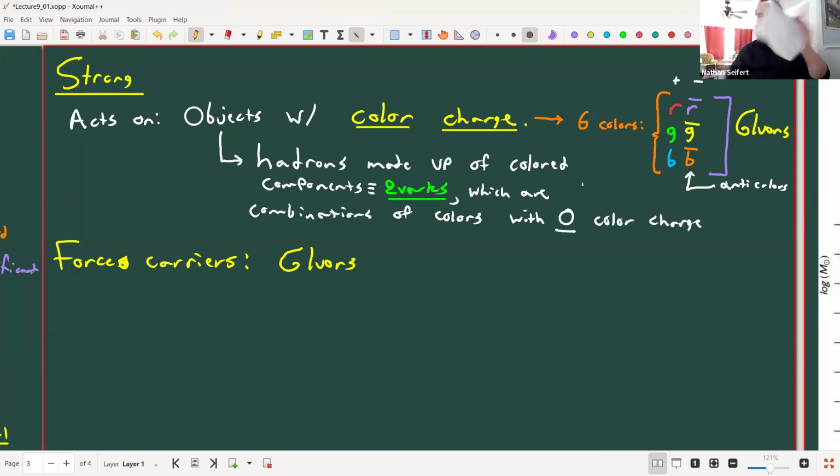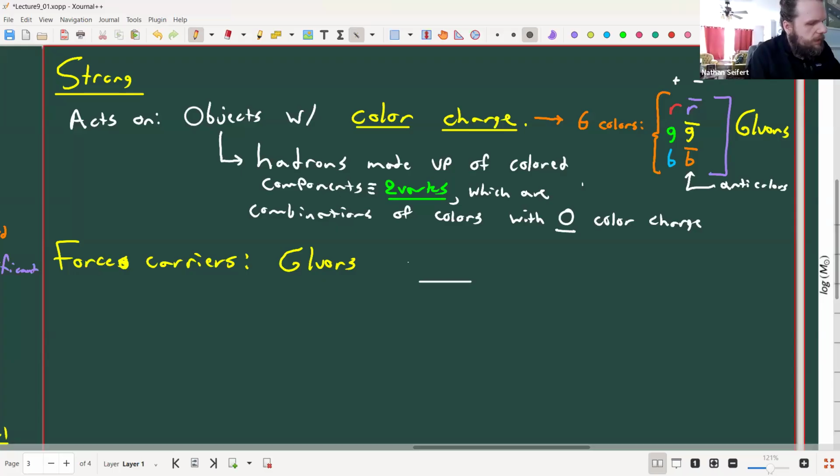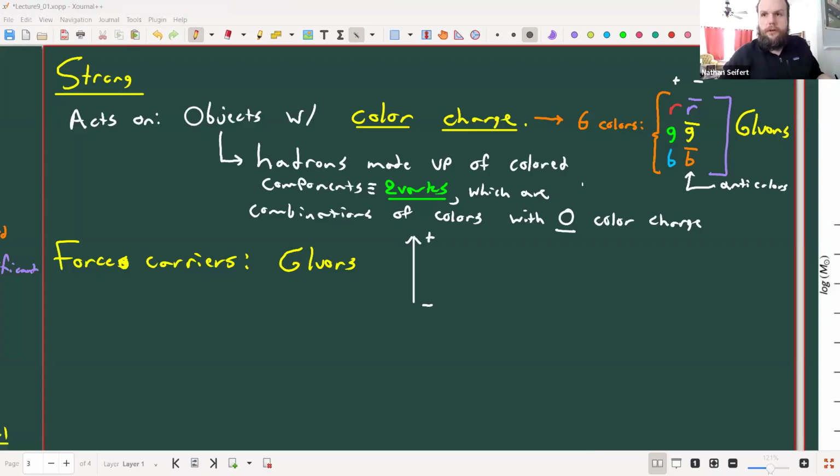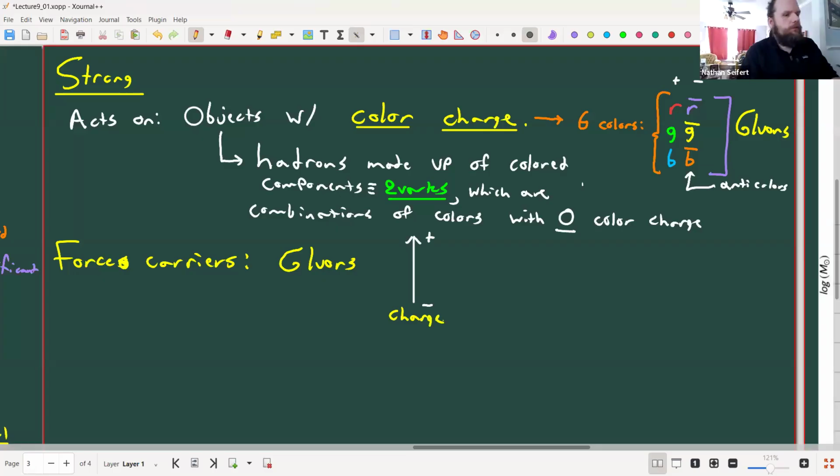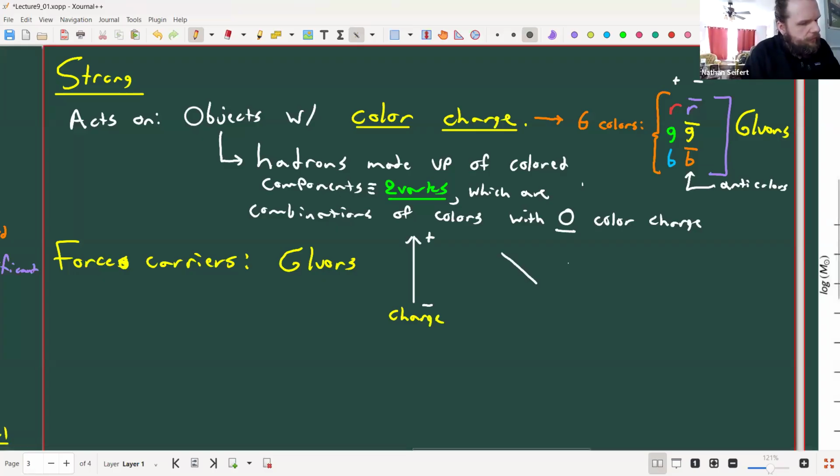All right, we won't go through the math of it, but the way to think about the math a little bit is that if we think about the electron, if we think about charge as being on a plus minus axis, and when we draw charge like that, the way you can think about the math for color is that there are a triangle of axes.